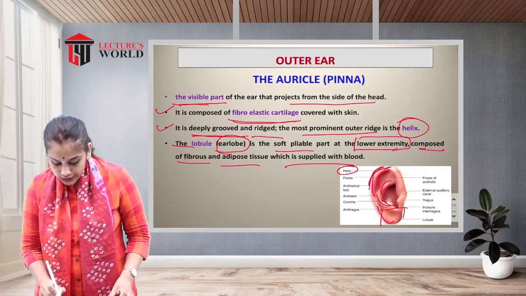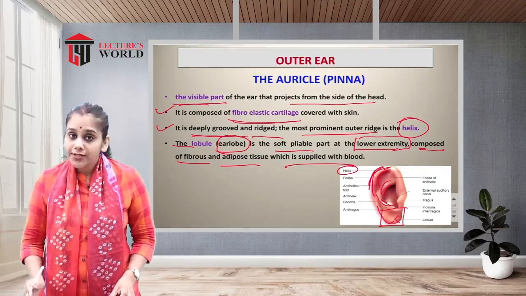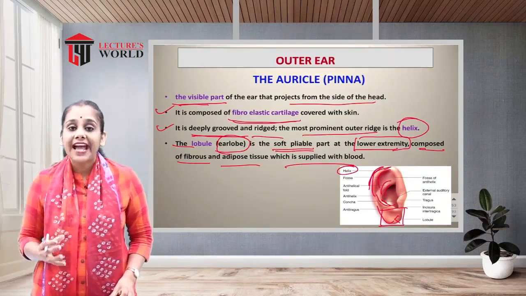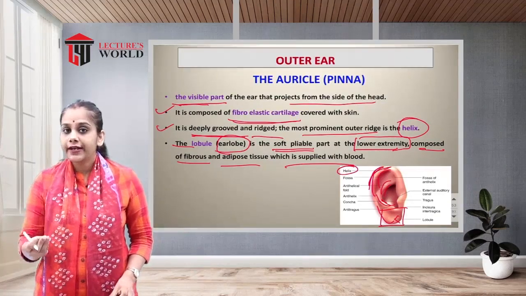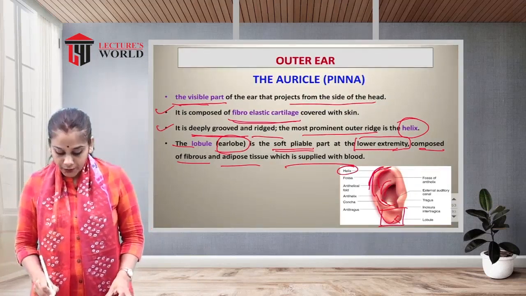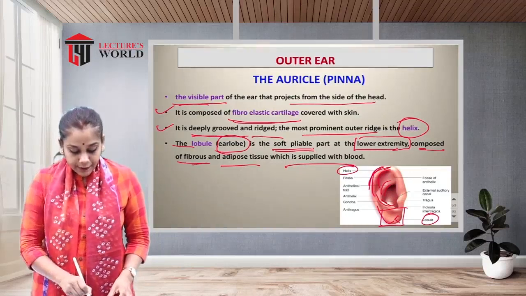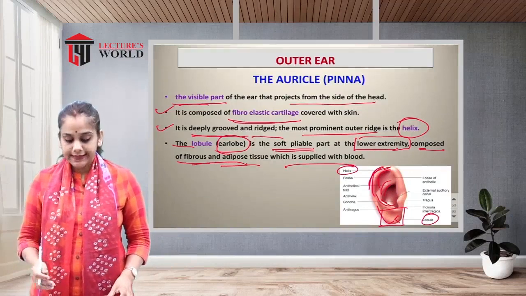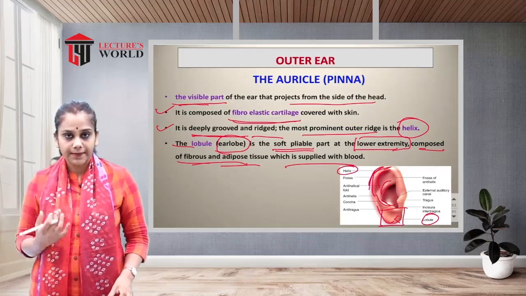See, this portion is known as the lobule. So the auricle, the pinna, is the visible external part of the ear.